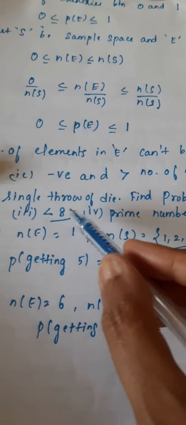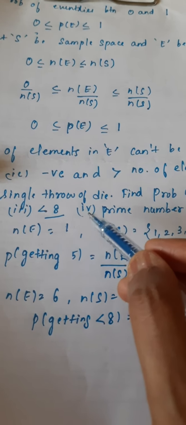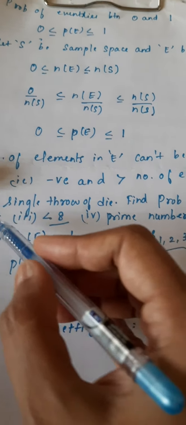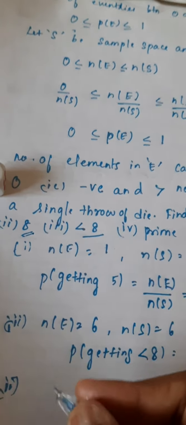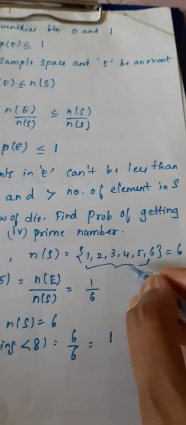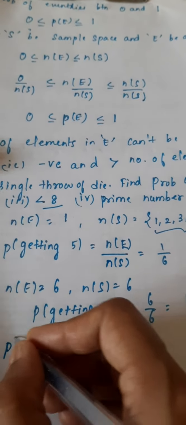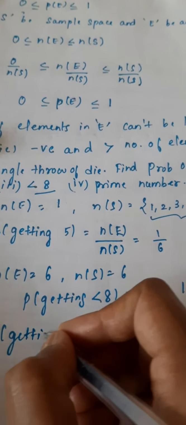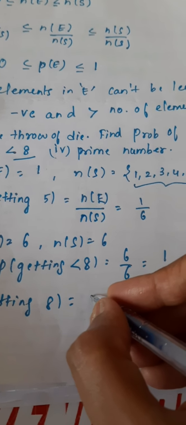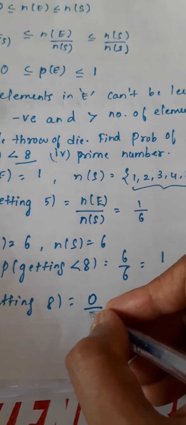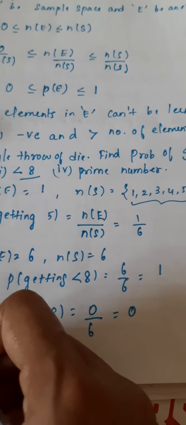Next, second I missed, that is probability of getting 8, which is not possible because it's not available in the sample space itself. So that's going to be 0 actually. So 0 by 6 is 0.